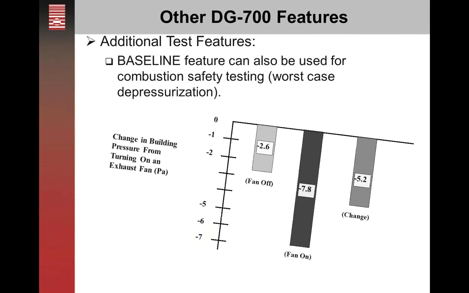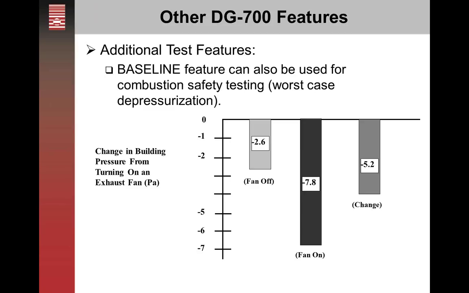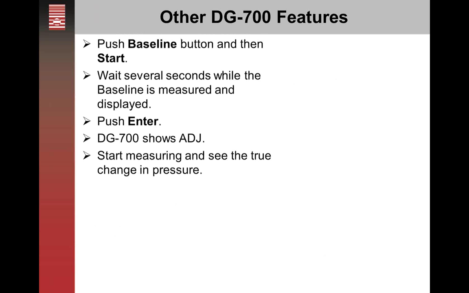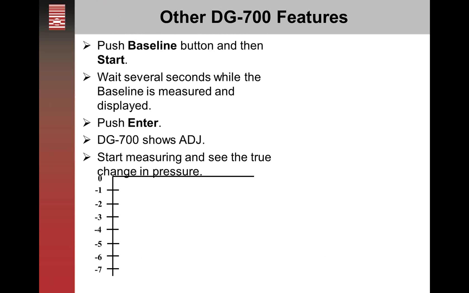Some other test features regarding the baseline is not being used as a blower door test, but as a way to determine what the pressure is for a combustion safety test or a worst case depressurization test. So what we would generally do is we push the baseline and then start.